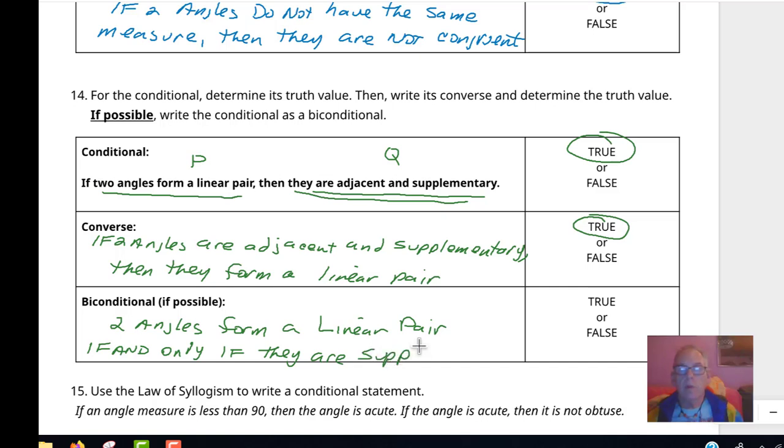And this can only be written because the original statement and its converse are both true. If one or the other was false, we could not write the biconditional. So this biconditional is going to be a true statement. Because both of these are true, we can write the biconditional, which is going to be a true statement. And biconditional means if and only if.